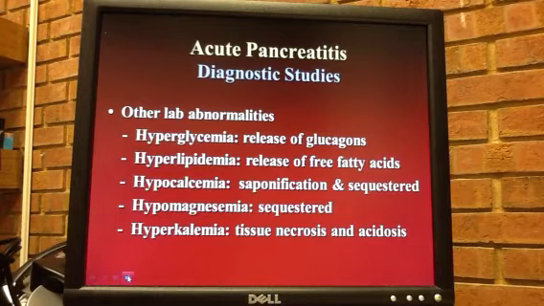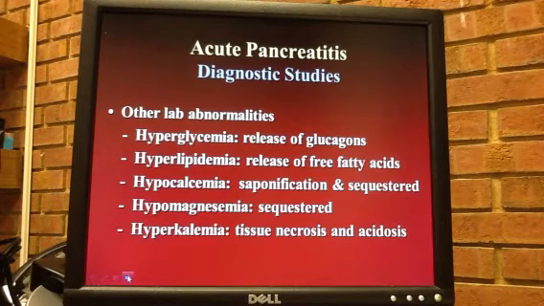Hypocalcemia, this occurs because of saponification, where digested fats kind of act as a sponge. You have the digested fats in the abdominal cavity that kind of soak up calcium. But there are some other factors also that are considered to be part of the hypocalcemia that is noted in acute pancreatitis.